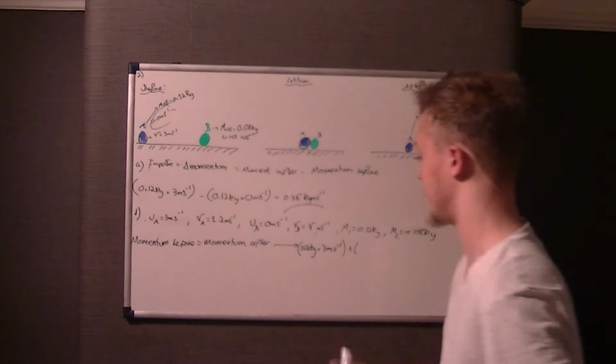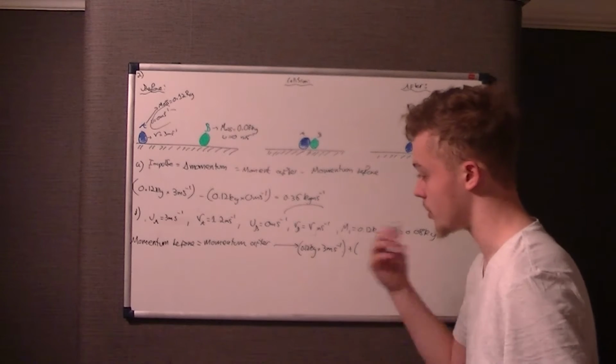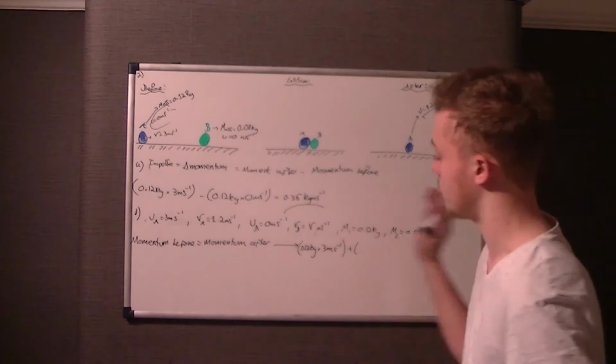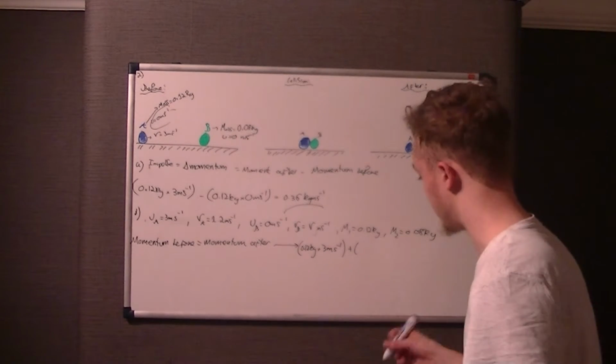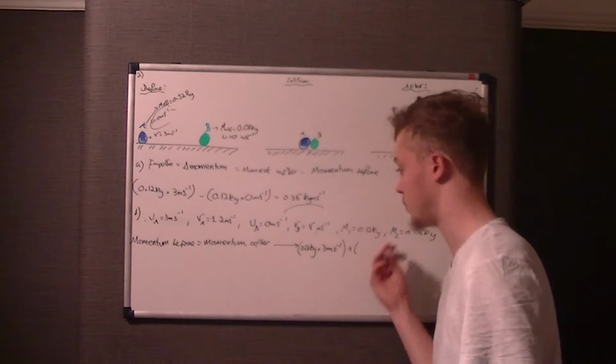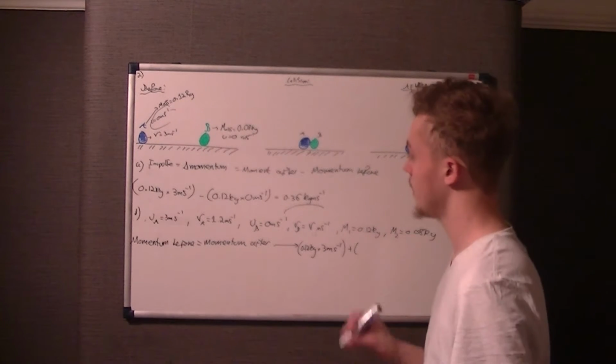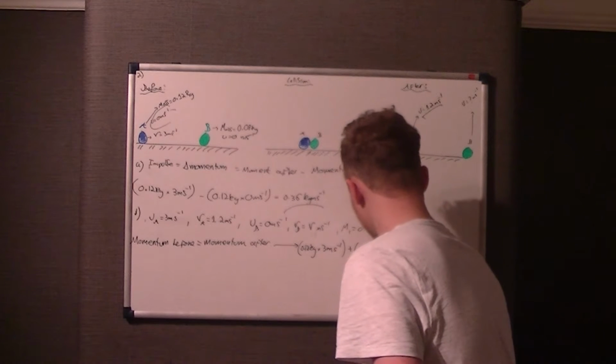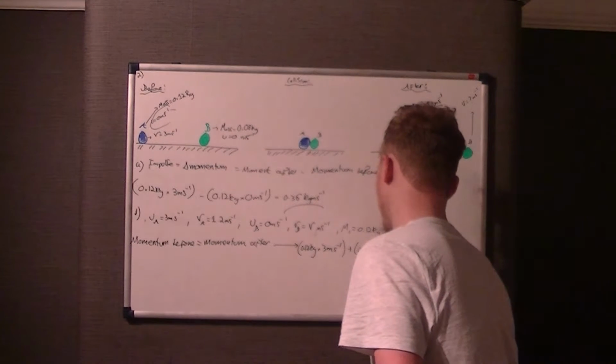Plus, I know it's tedious because it's going to end up being 0, but you need to show it so you can correspond and have the same amount of masses on either side. I know you could count that, but it's very easy to get muddled up in the exam. Plus 0.08 kilograms times 0 meters per second.